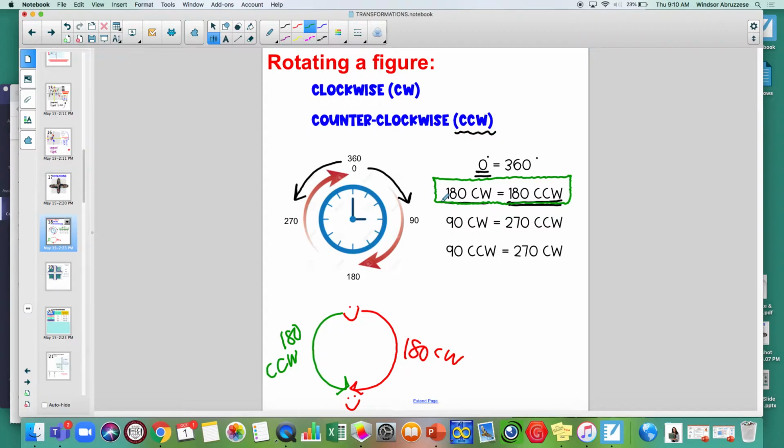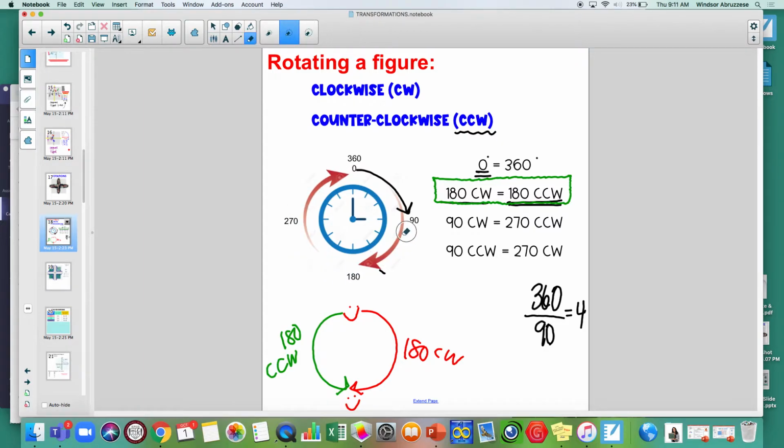Now let's talk 90 degrees. If a full circle is 360, and I'm only going 90, well, 360 divided by 90 would be 4 turns. So if I go 90 clockwise, 90 more is 180, 90 more is 270, 90 more is back to our starting point at 360.